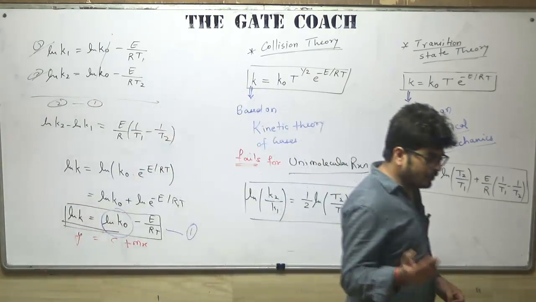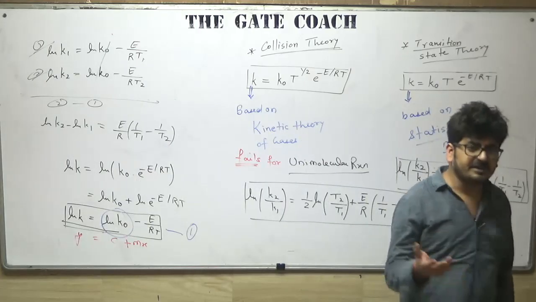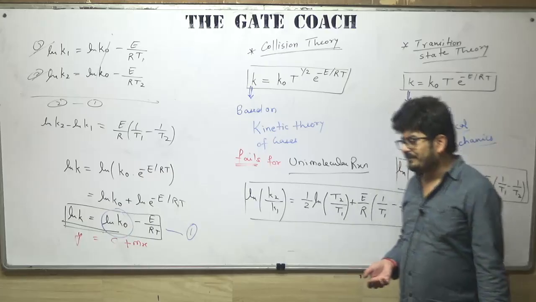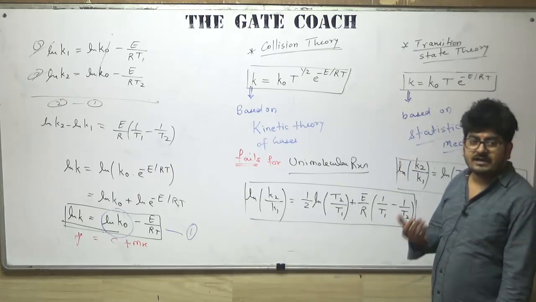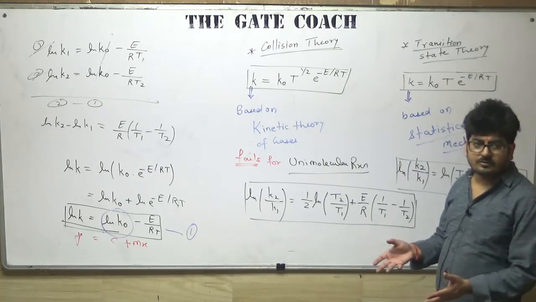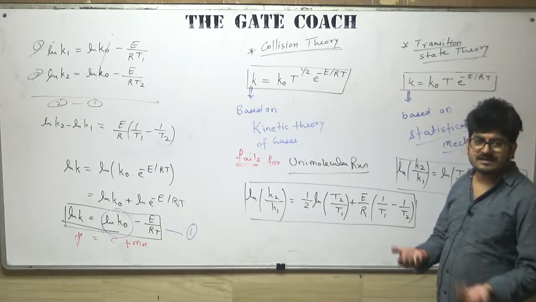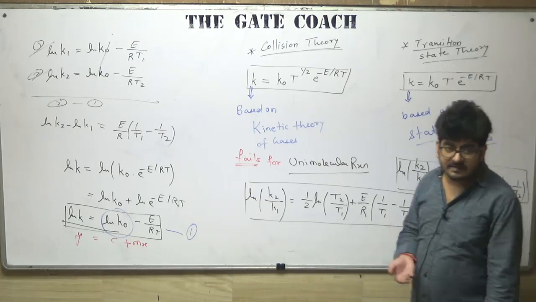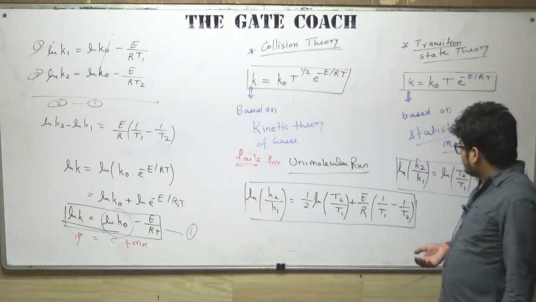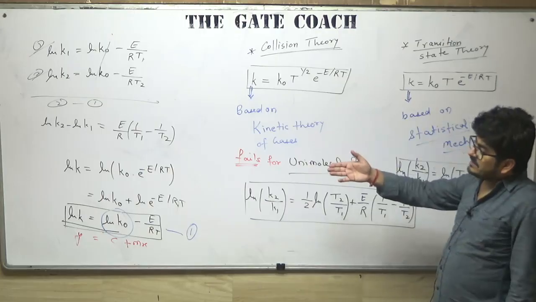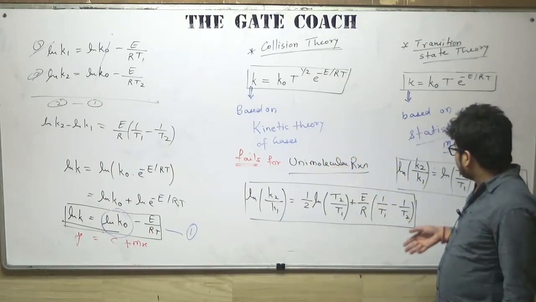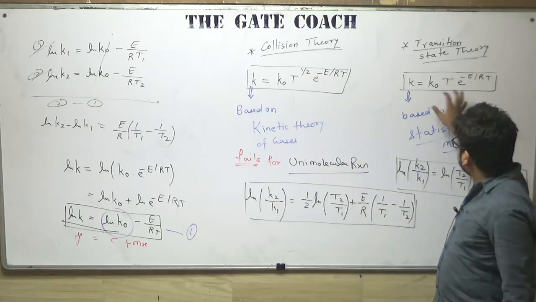If you do masters, you will study statistical thermo, where you will learn how we can redefine the laws of thermodynamics and everything in a statistical, mathematical manner. So if you define the Arrhenius law statistically, you will get this result.